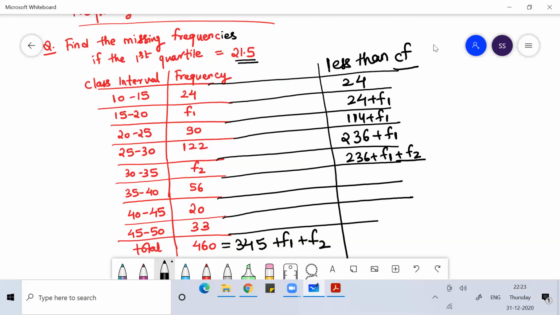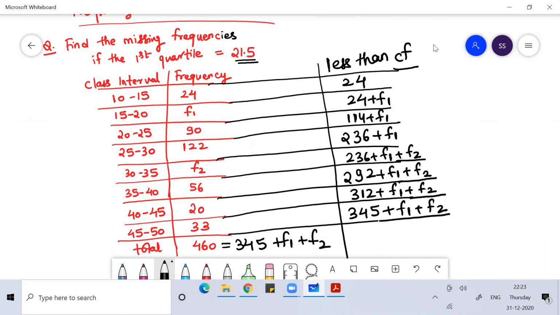Then this will be 236 plus 56, that is 292 plus F1 plus F2, then 292 plus 20, that will be 312 plus F1 plus F2, then 312 plus 33, which is 345 plus F1 plus F2.